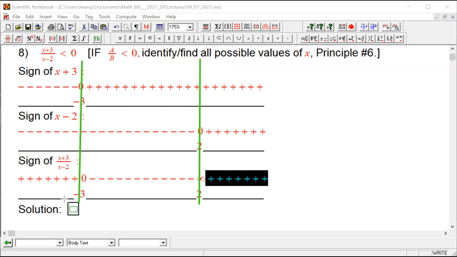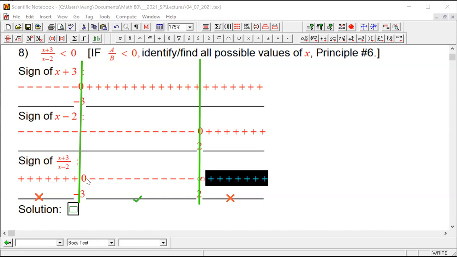So when x is less than -3, the quotient is going to be positive. That's not what we want. If x is larger than 2, the quotient is going to be greater than 0. And what we want is the part where the quotient is negative. So when is the quotient negative?